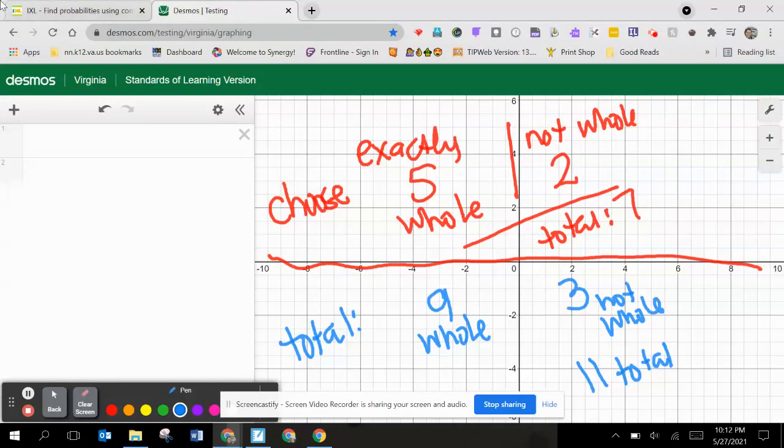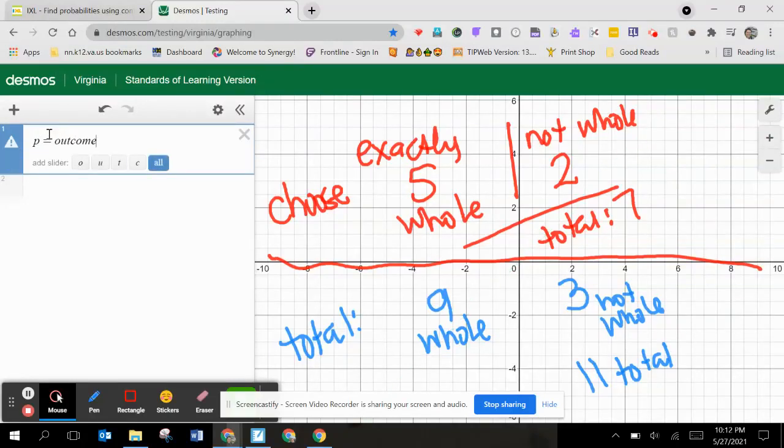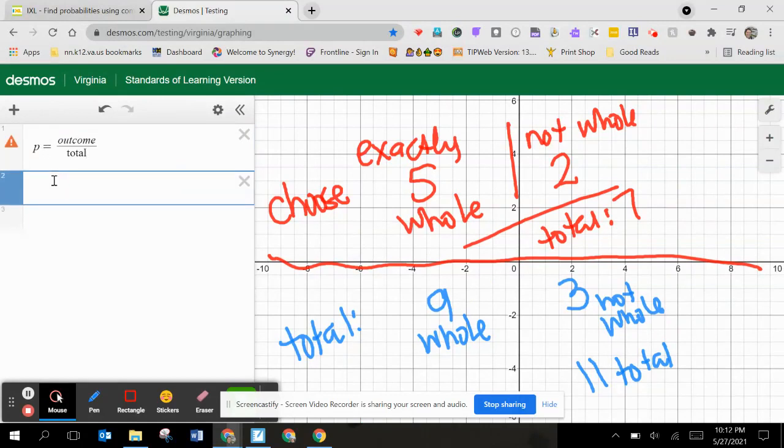So when we go in to figure out our probability, remember probability is your outcomes over your total. Okay? Probability is outcome over total. So we want to start with our totals.